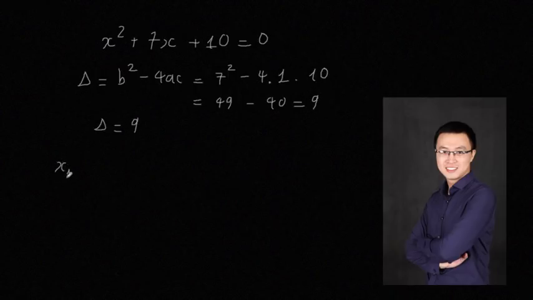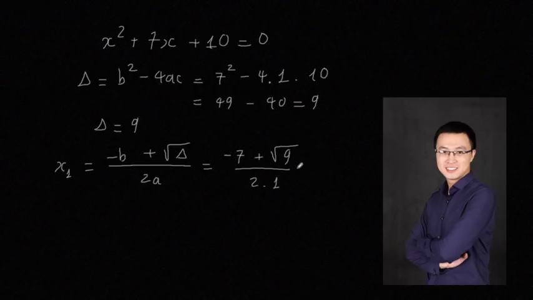The formula to calculate x1 is minus b plus square root of delta, divided by 2a. Minus b is minus 7, plus the square root of delta, which is the square root of 9, and you have 2 times 1 because a is 1.